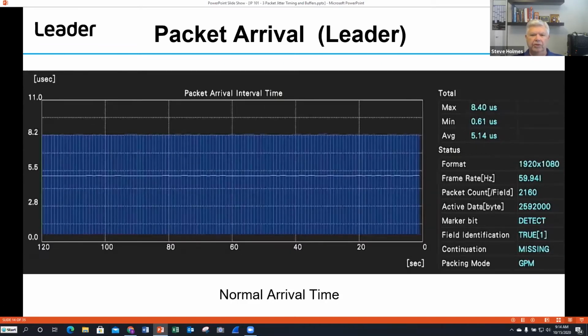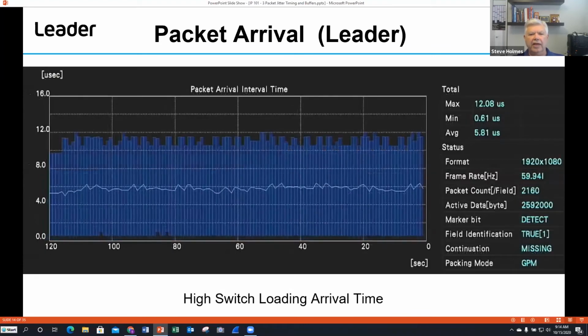So when we look at this over time, you can see what these things look like, and you can see how your system's going to respond. This is like looking at a transmitter with the jitter starting to look bad coming out of the transmitter.